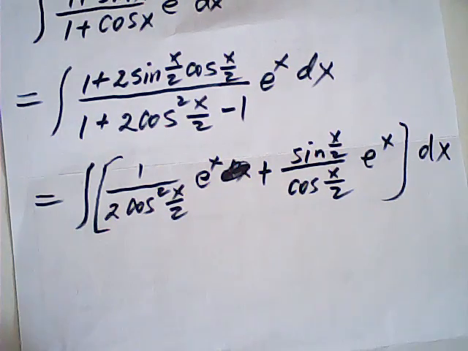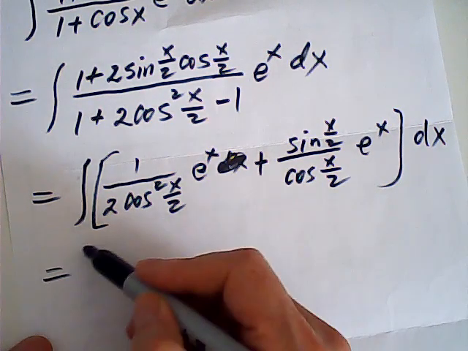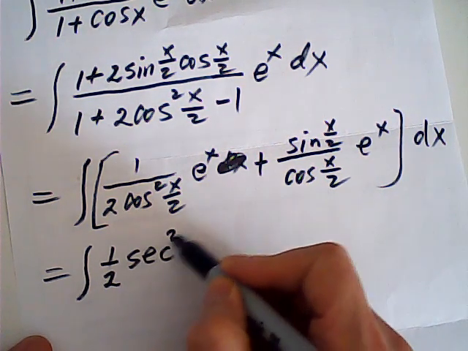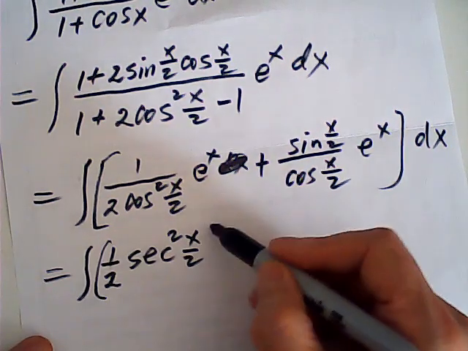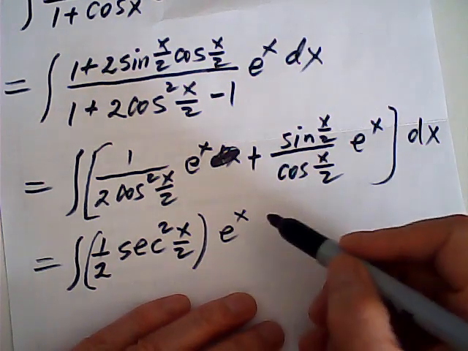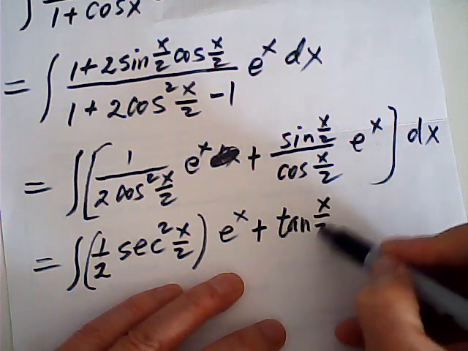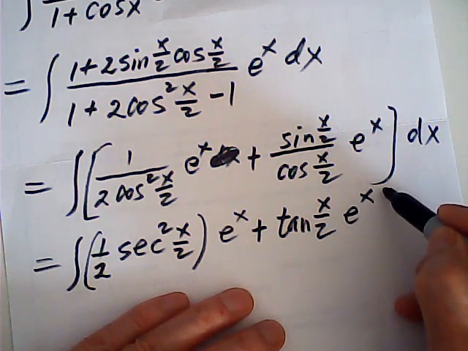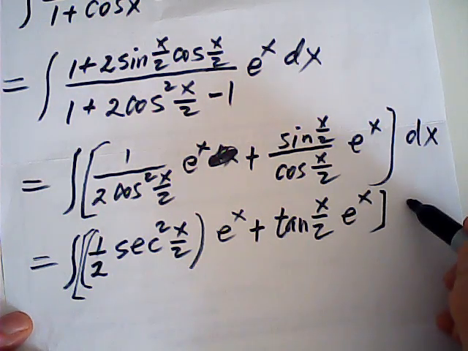Yeah, this is better. Obviously, this is a half secant squared half x times e to the x. And this is tangent half x, e to the x, all together dx.